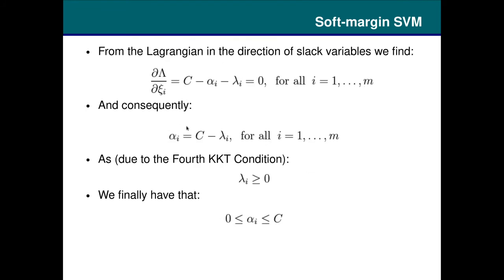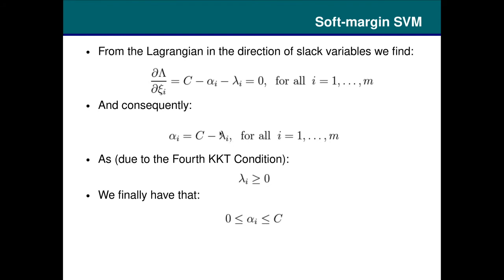Carry on. Again, what can I do now? I can simplify this. I can actually use this result to bring alpha i to the other side and make it alpha i equals C minus lambda i. So, you know what is interesting here? If you guys notice, lambda i has to be greater than or equal to 0 as defined before, because I have to have the fourth Karush-Kuhn-Tucker condition satisfied.